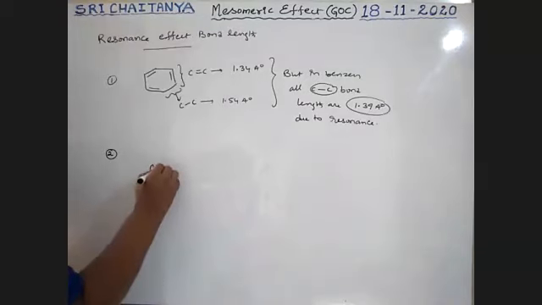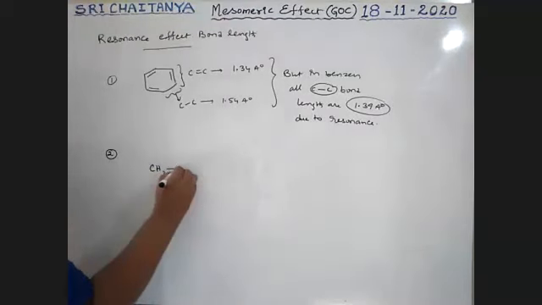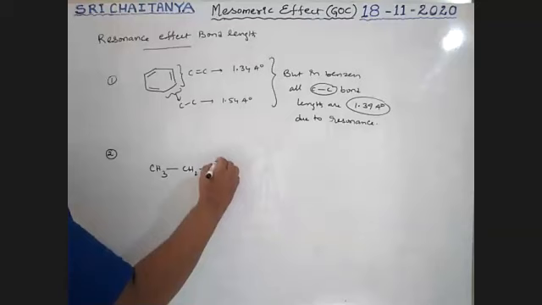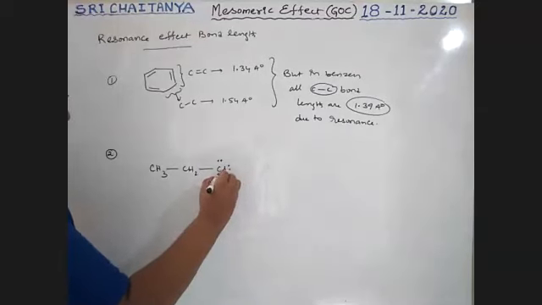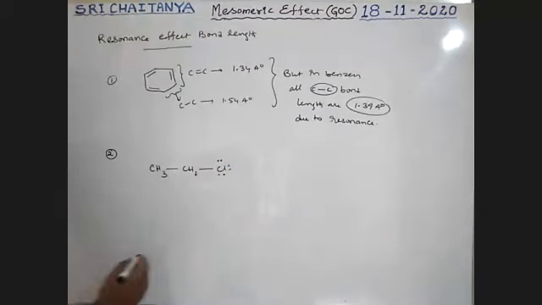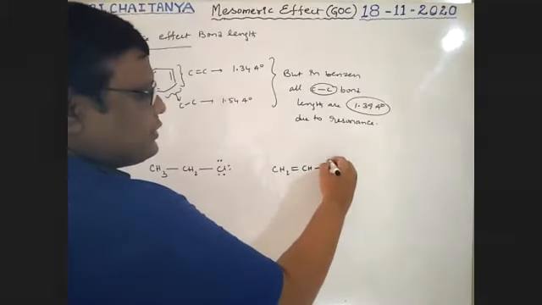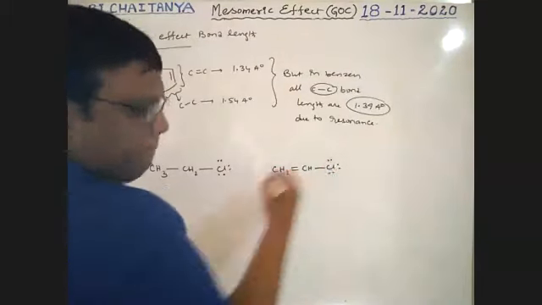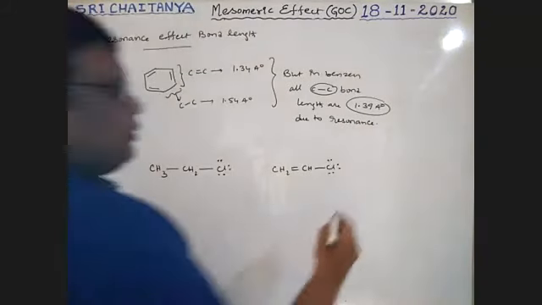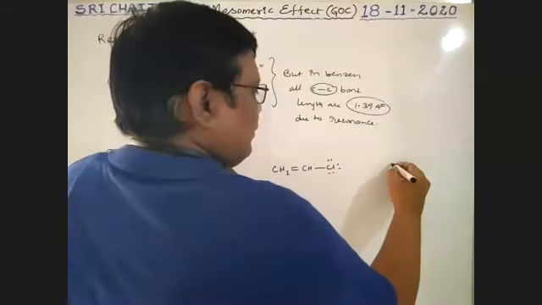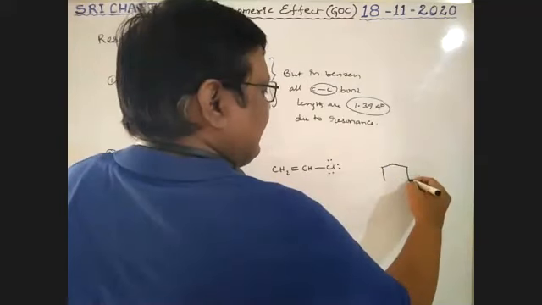Let us take CH3CH2Cl. Okay. Next, CH2 double bond CHCl. Next, benzene bonded with Cl.